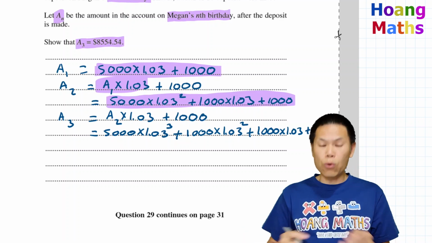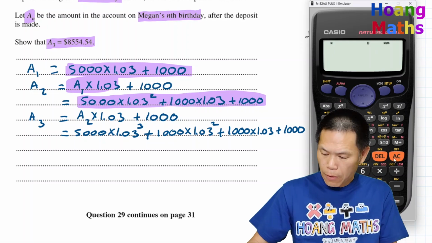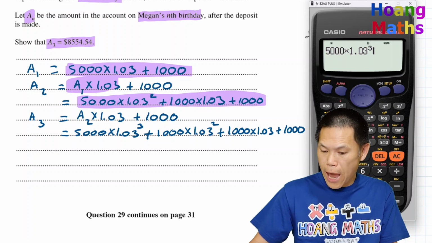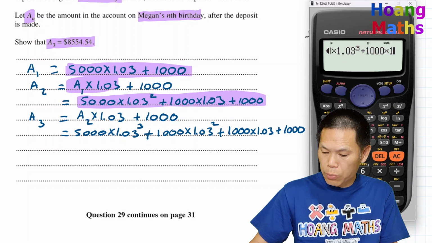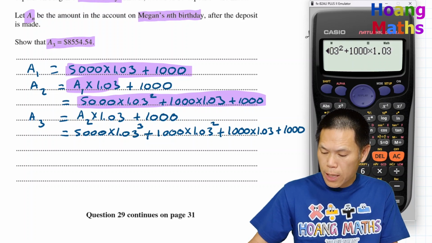So there you go. What I do is put that on a calculator. I go 5,000 times 1.03 cubed, and we add 1,000 times 1.03 squared. We add 1,000 times 1.03 and we add 1,000.